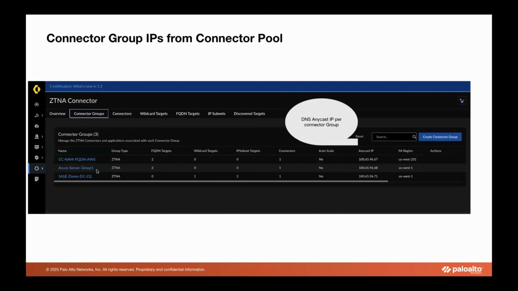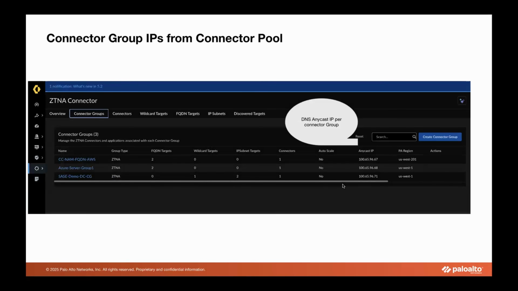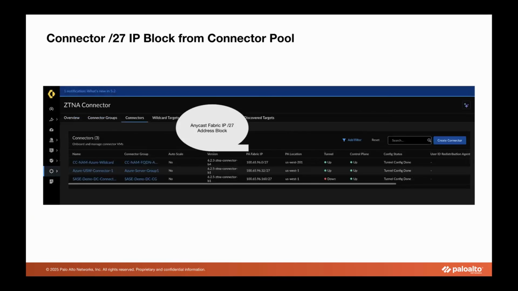I've already defined the connector groups, and you can see the connector groups are assigned Anycast IPs from this connector IP block pool, which is something you need to define. Similarly, when you go to the other PA fabric, you can see that the connectors are also assigned Anycast IPs.